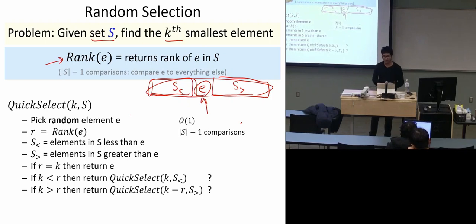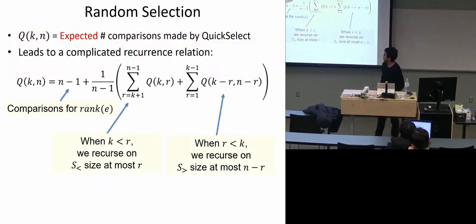Before I analyze the running time, any questions about the algorithm? This is a randomized algorithm, so what we're going to analyze is the expected running time. The running time of this algorithm is a random variable, so the first thing you need to know about it is its expected value.